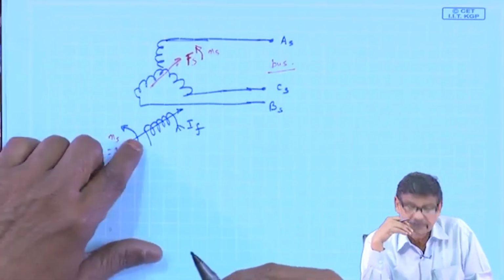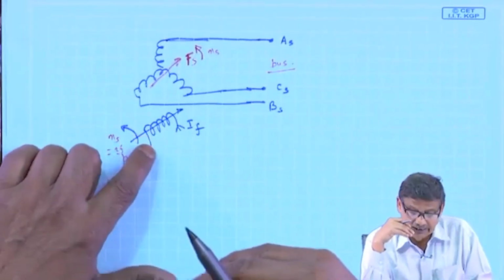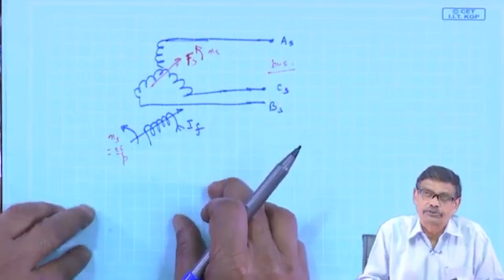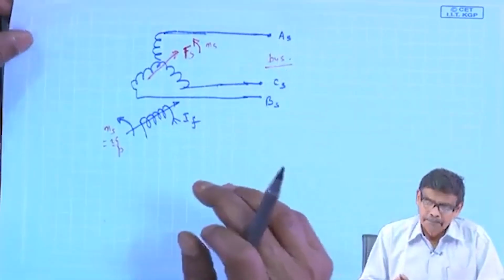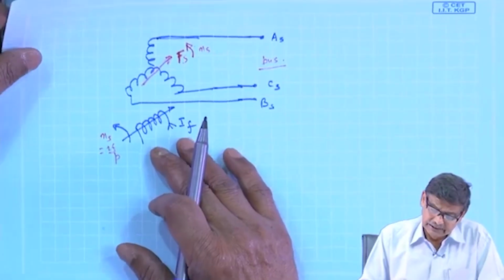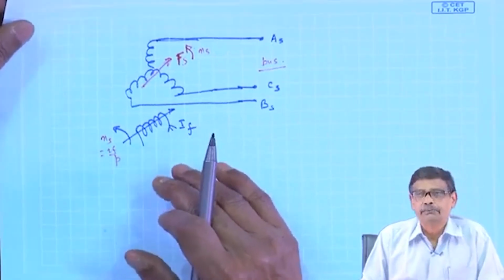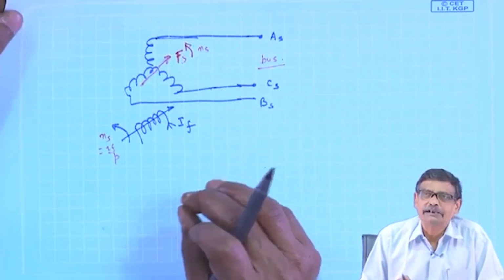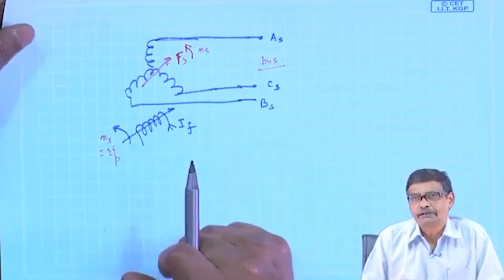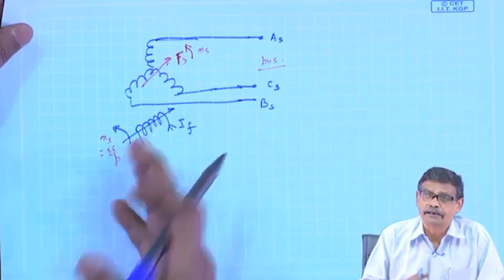However, in the synchronous machine, the flux is established primarily by the DC current, which is a separate source. So, it does not put any burden on the bus, and we will see that this is one of the very important virtues of the synchronous machine. You can operate it at various power factors by adjusting the field current of the machine.